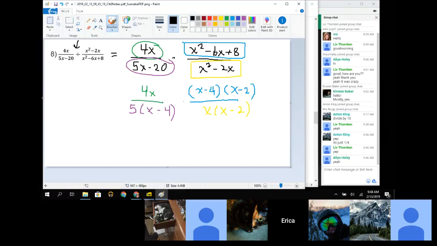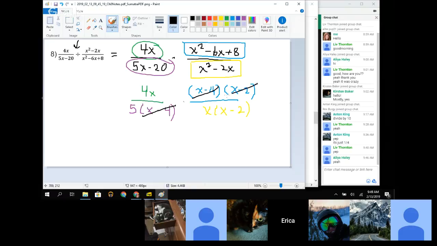Okay, now is the fun part. This is the part I like. Now we have a giant multiplication problem, right? I know we have some parentheses. We have a bunch of subtraction in there, but it's all being multiplied in parentheses. So we're okay to cross off, right? So we have x minus 4 and x minus 4.